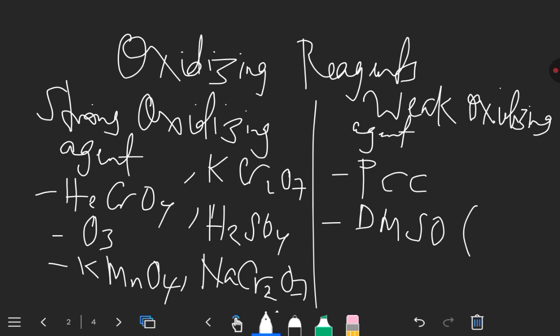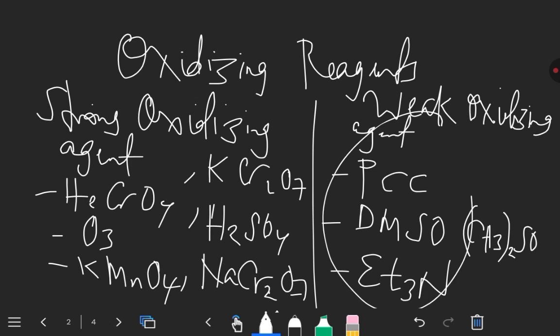The chemical formula is (CH3)2SO. DMSO is known as dimethyl sulfoxide. Then we can also have something like this, which is just triethylamine, Et3N. So these are weak oxidizing agents.